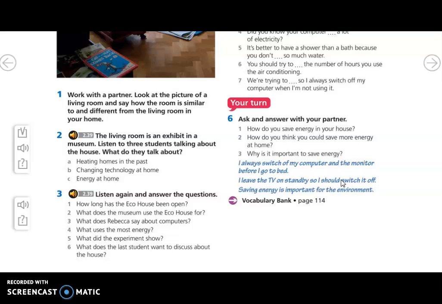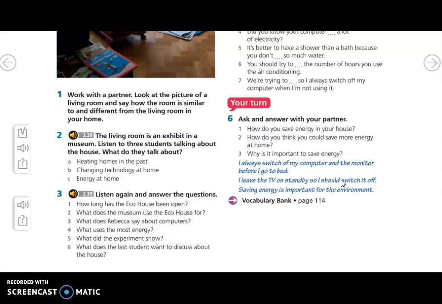So after our visit to the Eco House last week, which I hope you all enjoyed, I asked you to prepare some presentations. What did you learn from the visit? So Group A, Rebecca, tell us about the purpose of the house. Why was the Eco House built? Well, the Eco House was designed by the museum as an example of a typical family home. It was built in 1985. And several changes were made to the house in the last 30 years as fashions and technology change.